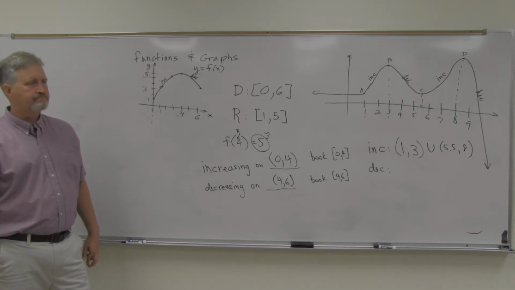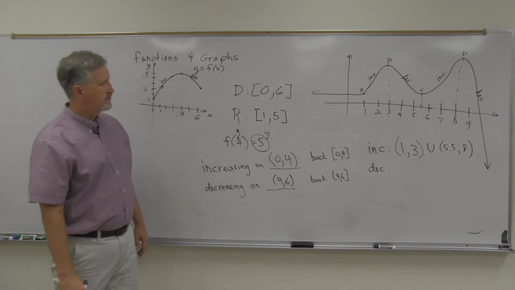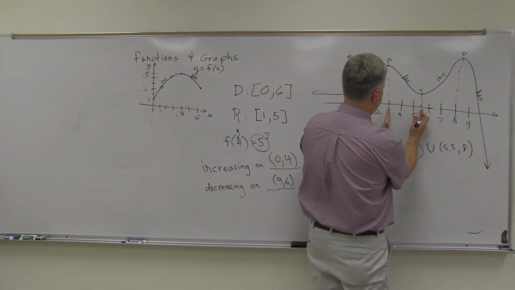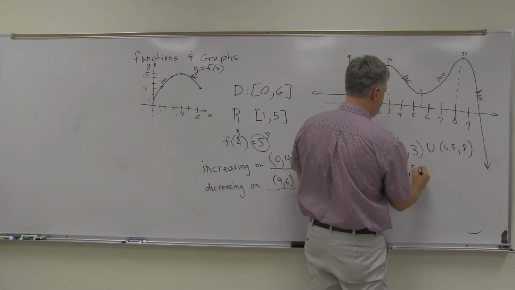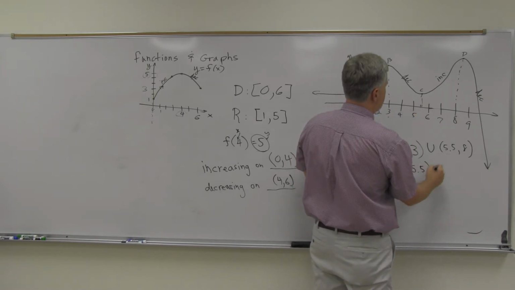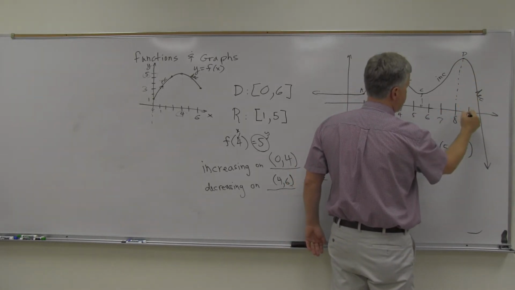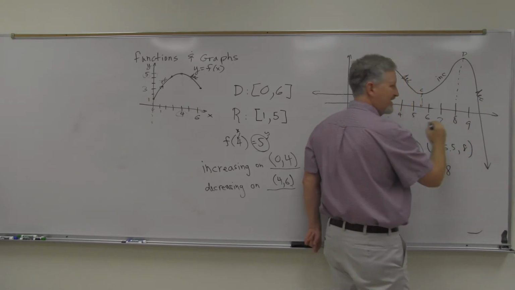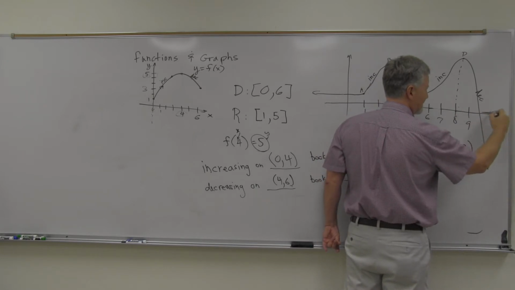Good on that? All right, then the decreasing. It's decreasing in between here and here, so that's 3 to 5.5. And then, what about the other part decreasing? Well, it's 8, and then it goes down from there. However, on the x-axis, we're going from 8 out this way.